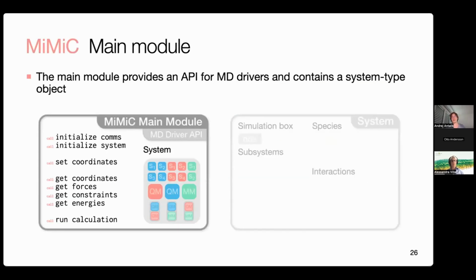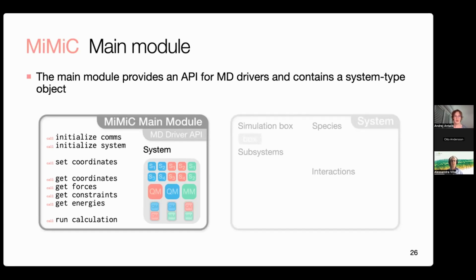Then MiMiC, since it's conceived to be modular, we try to reflect this modularity in the way it is written. So you have the main module that contains the API of the main library.